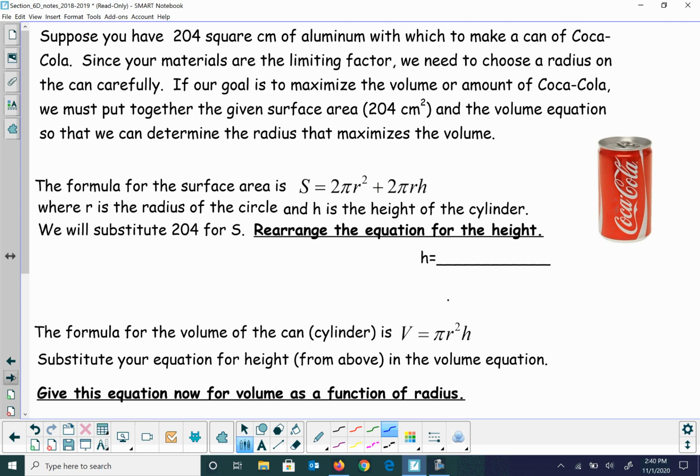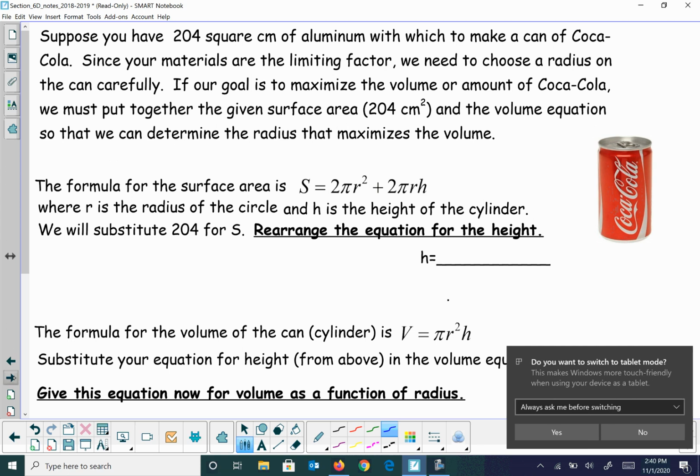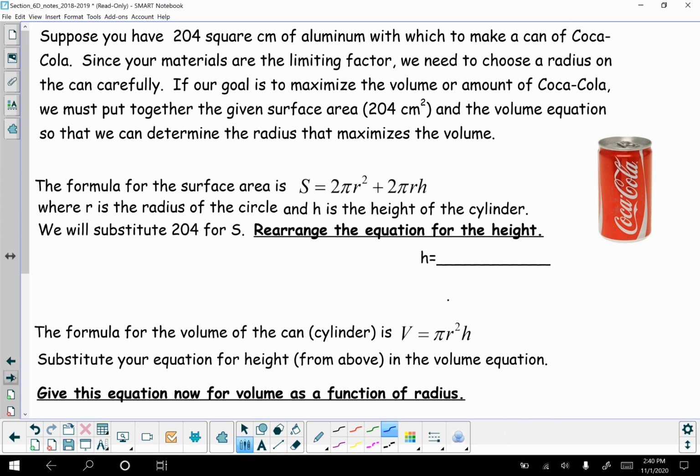Now we're going to start changing up the equations. Okay, so we have this soda can. So I want to solve this equation for h. I know that I have S minus 2 pi r squared equals 2 pi r h.